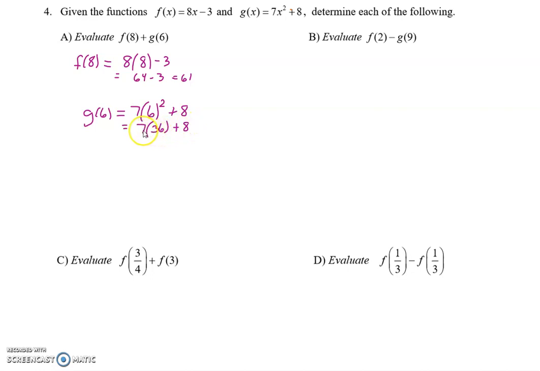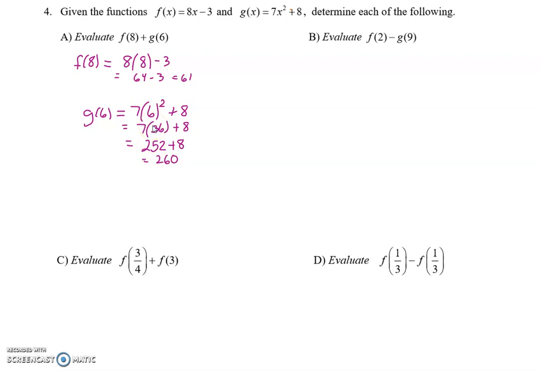And in our next step, we're going to multiply together the 7 and the 36. And 7 times 36 is 252. And we're going to add that to 8. And finally, this answer will be 260. So now we know what f of 8 is. f of 8 is 61, and g of 6 is 260.